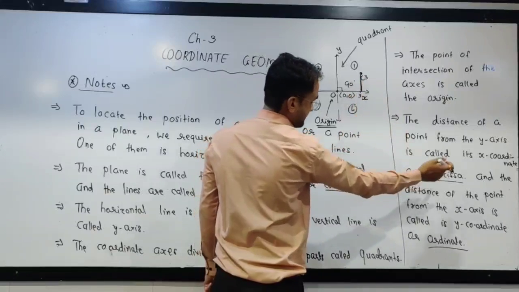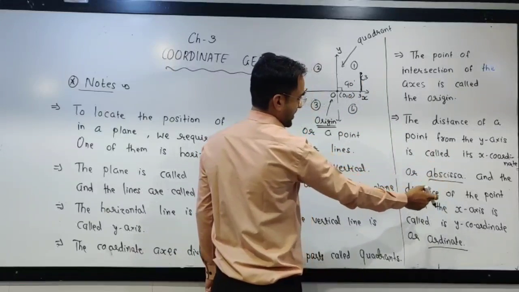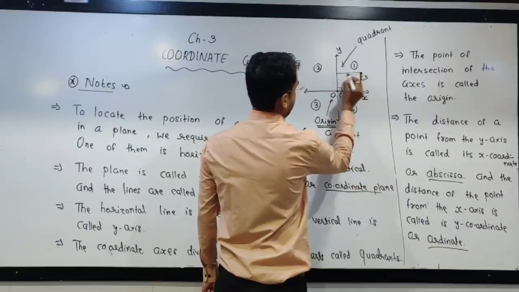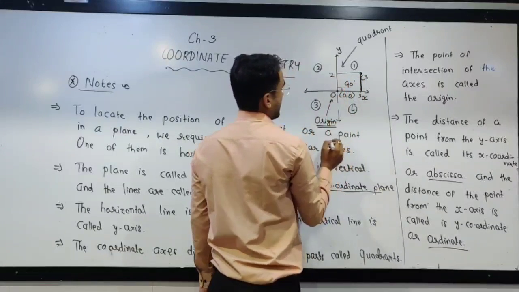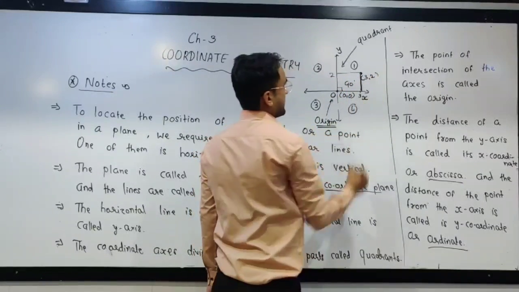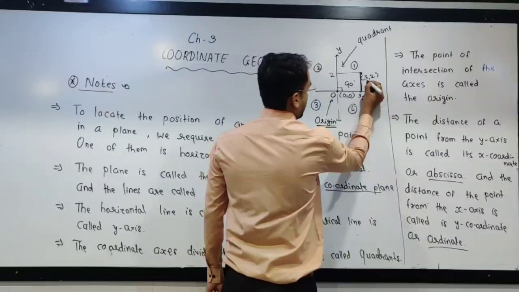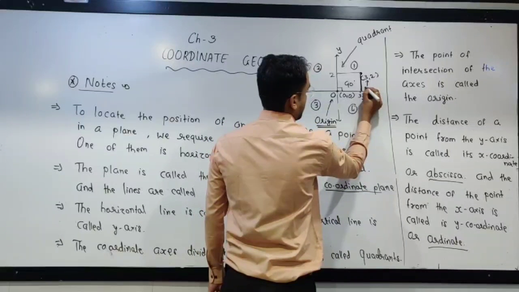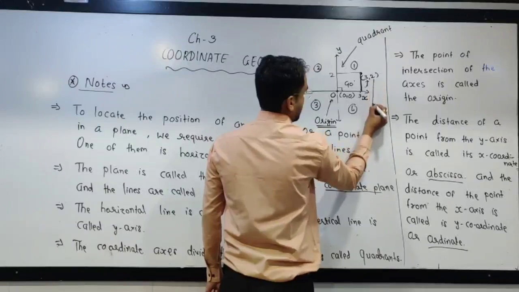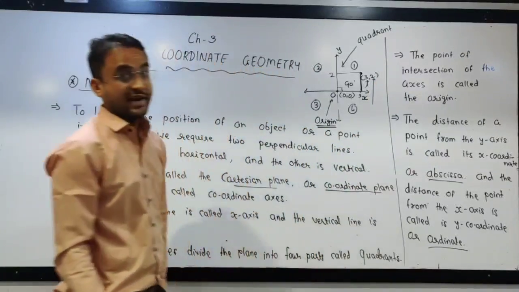The distance of the point from the x-axis, if this one is 2, so that is 2. This is called abscissa, and this is called your ordinate.